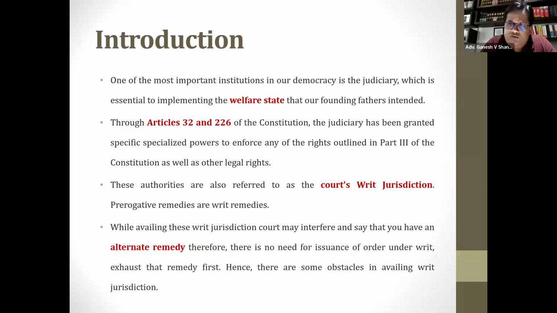Whenever there is a case of infringement of any of these, the citizen can move the High Court or Supreme Court. These courts are generally referred to as courts of writ jurisdiction, and they give prerogative remedies. These are also called writ remedies.